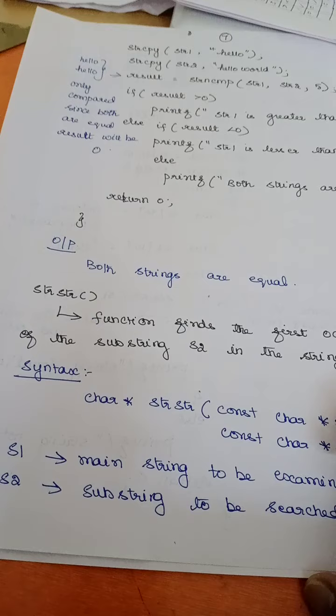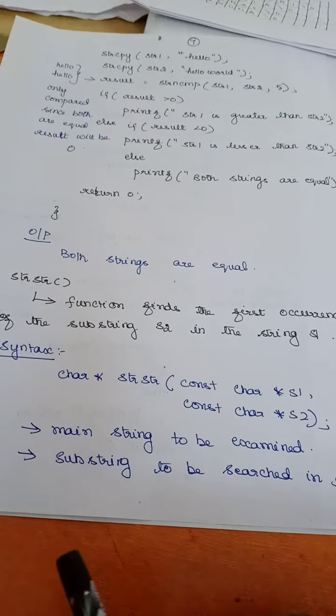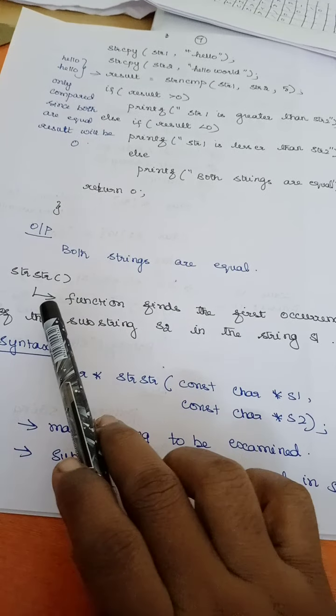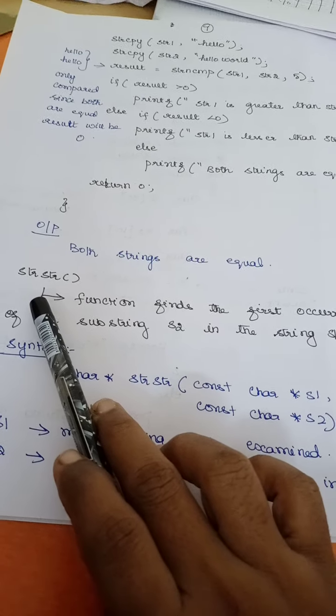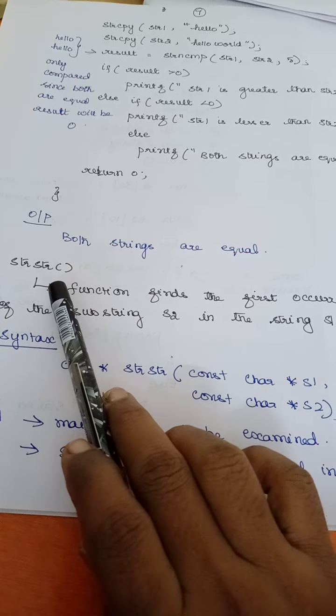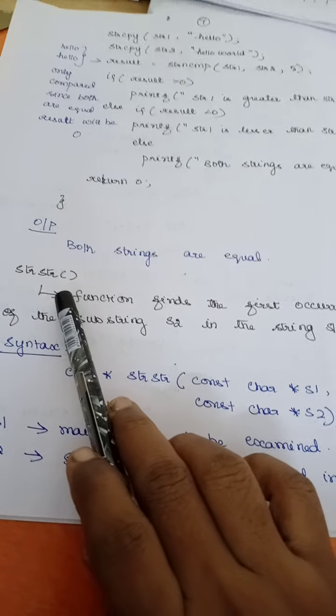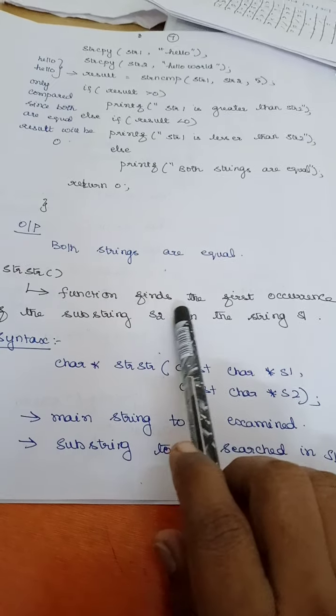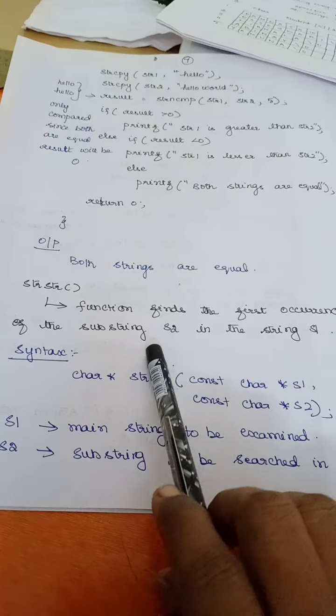Right? Now next we will move on to another string function called strstr. Already we have seen strchr, that is used to find the occurrence of a character in a given string, right? So strstr is a function that finds the first occurrence of a substring.